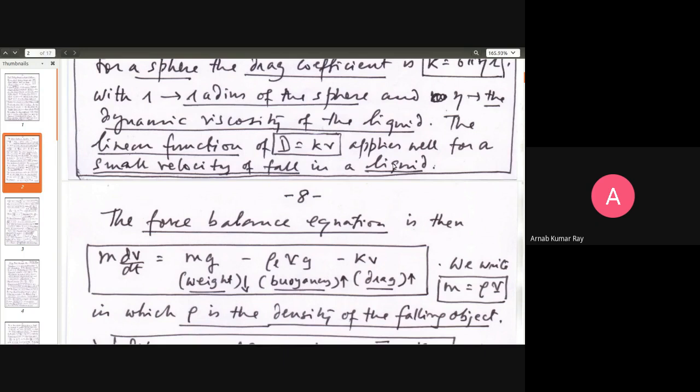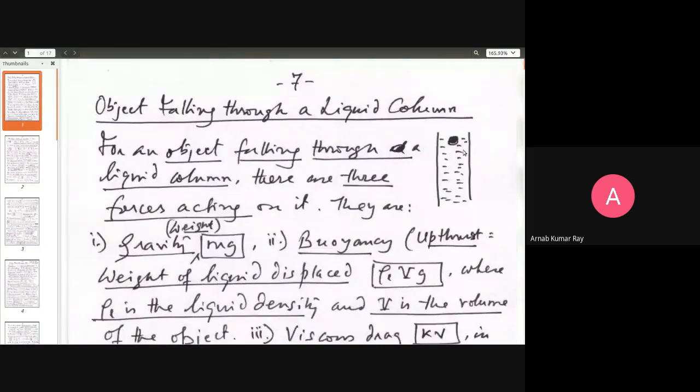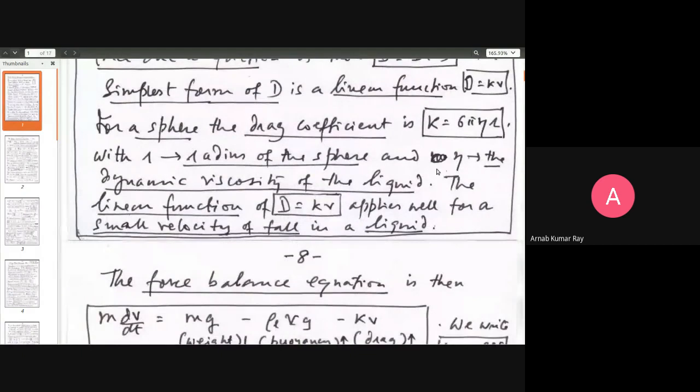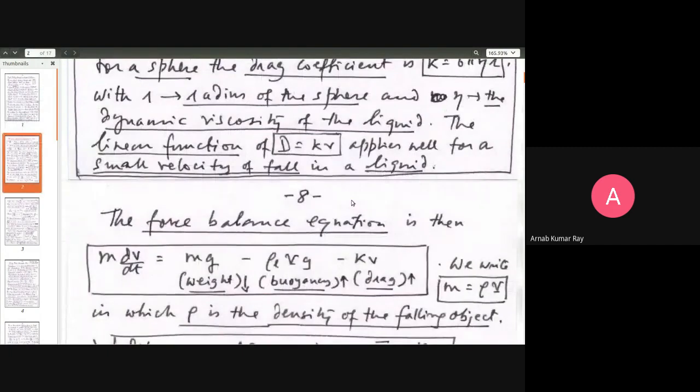So as you are passing through a liquid of greater density and greater viscosity, your speed will be small. So we are talking about a fluid medium which has higher density, meaning water, as compared to a gas like air, and it also has a higher viscosity as compared to air. In such a case, the velocity will be small and the drag can be written as a linear function. So this point applies well.